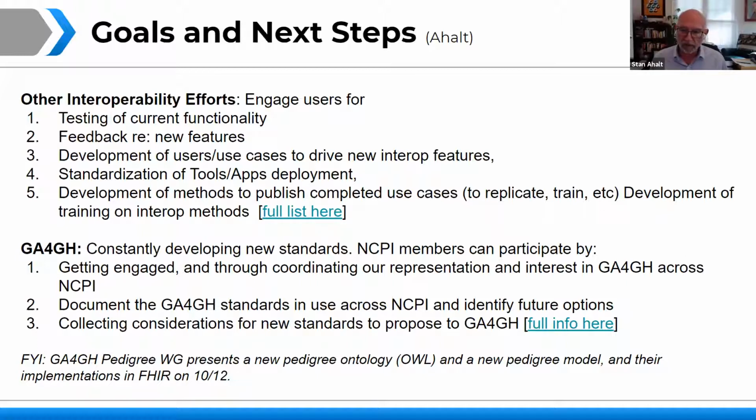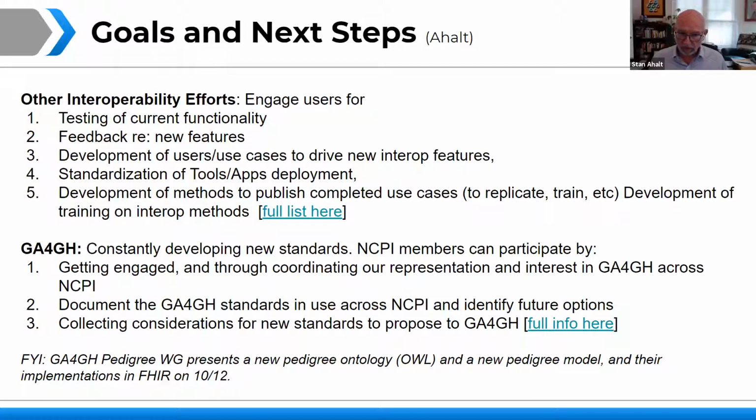And now Melissa has not only talked about it, but she's done a good portion of it. So that's fantastic. Development of use cases to drive interop features so that we can think through the potential of different ways to approach putting together the tools or functions that are appearing on each of the platforms.